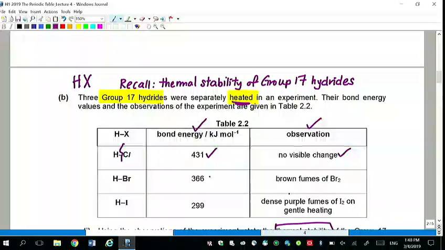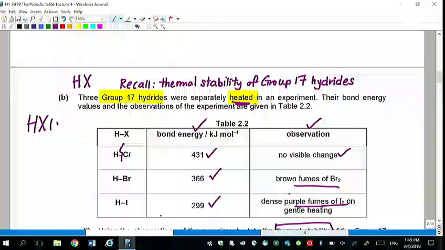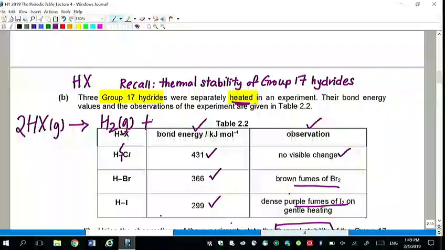That is why in this case, as compared to HBr and HI, which have a lower bond energy, for HI you actually see dense purple fumes of I2, whereas for bromine you see brown fumes of Br2. What exactly is happening? I need to be able to recall that HX in gaseous state, 2 moles of it will be decomposed on heating to form H2 gas plus X2 gas.